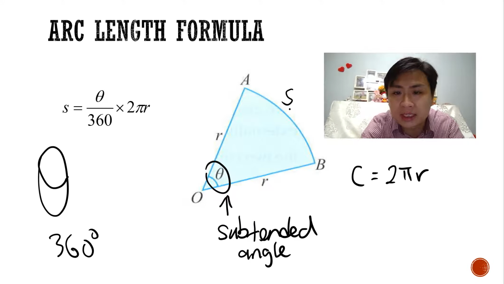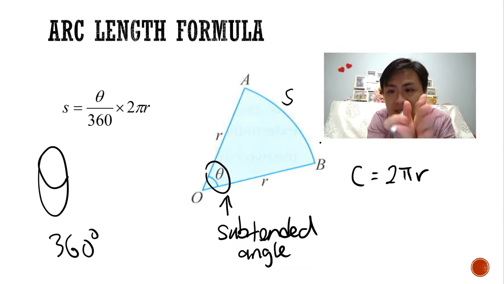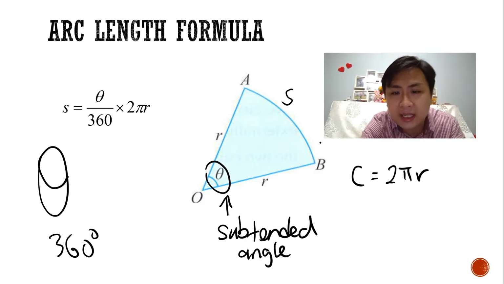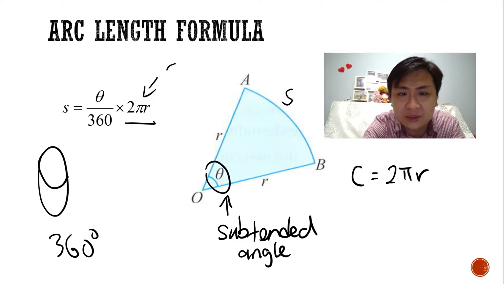And because the arc length is part of a circle which is opened up by the subtended angle, it will just be a proportion of the circle. In other words, theta out of 360 will be the proportion of the region that is extended by the subtended angle. In this sense, the arc length will just be the proportion of the circumference of the circle.